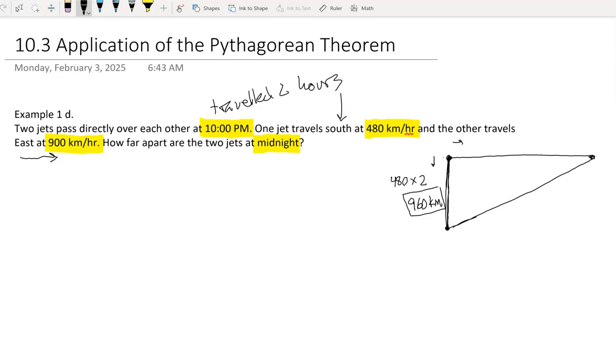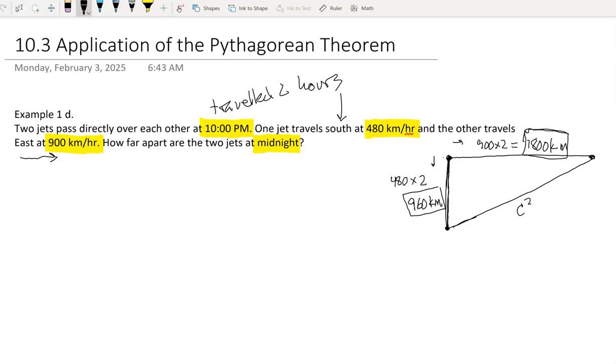Then we're going to do the same thing for the other jet, because it's traveling 900 kilometers per hour, again for 2 hours. So it goes 900 kilometers every hour, so at 2 hours it will have traveled 1800 kilometers.